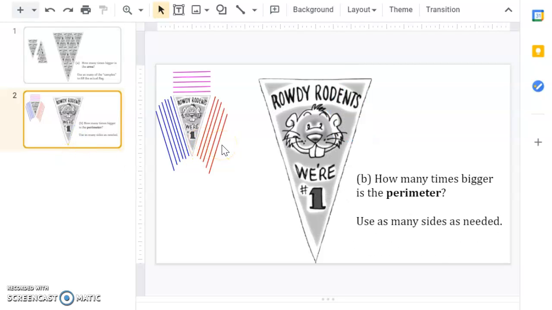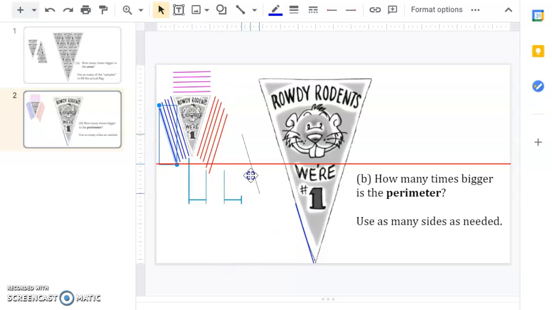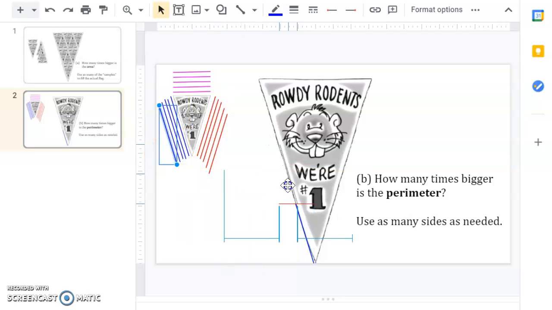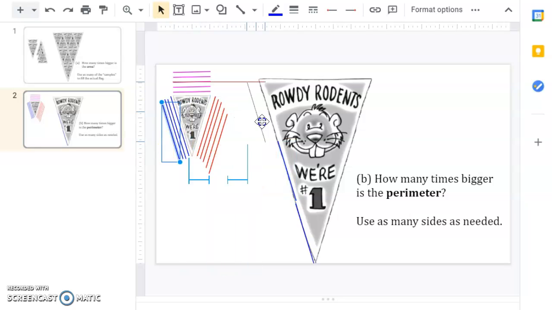You can do the same thing. For the perimeter, these are the length of the sample, and how many of this length can I fit in? So this is 1, 2, and 3.